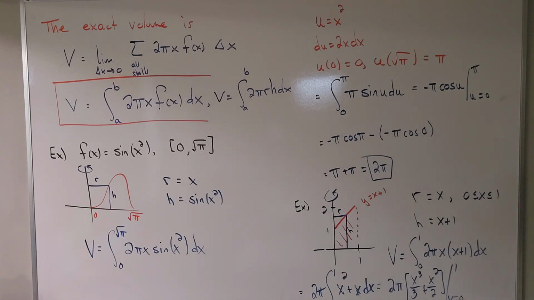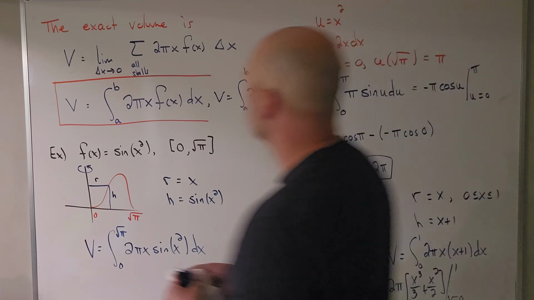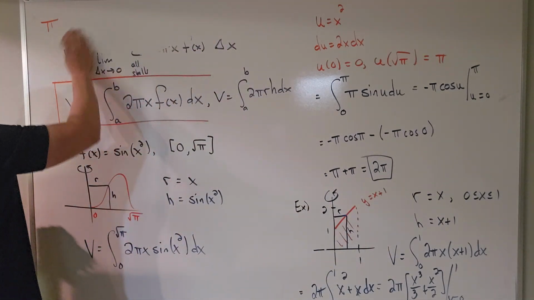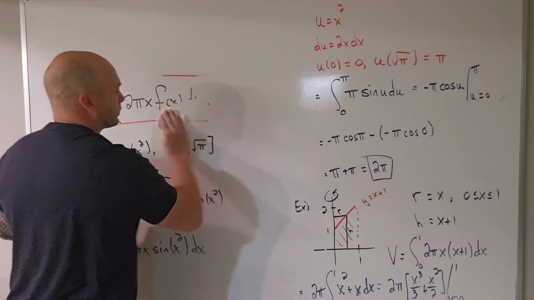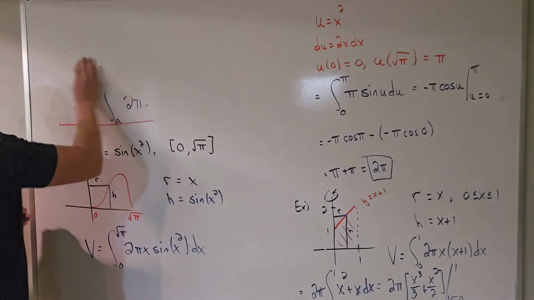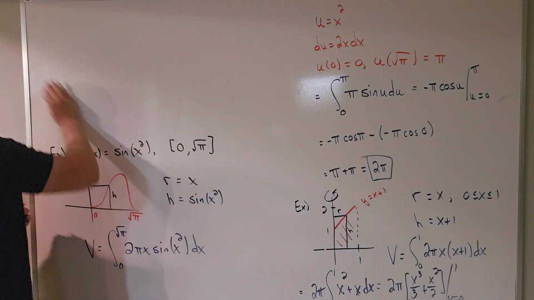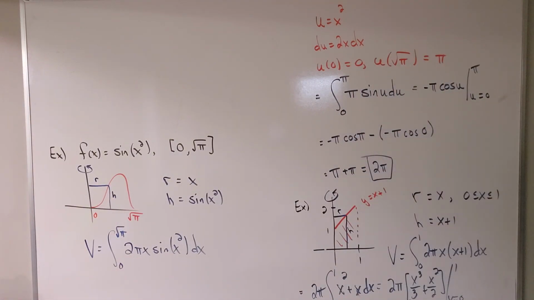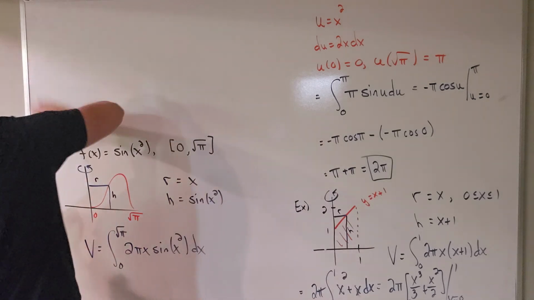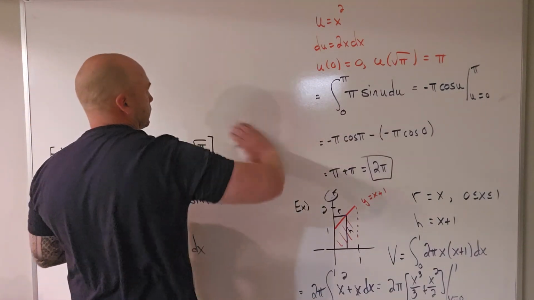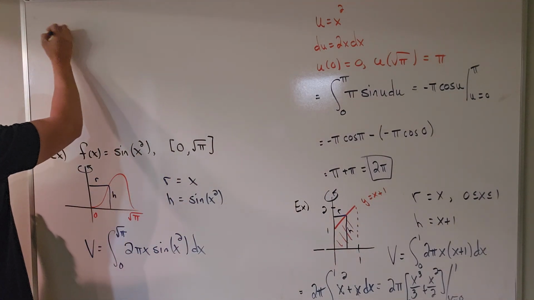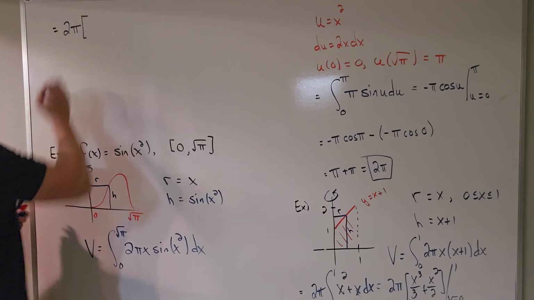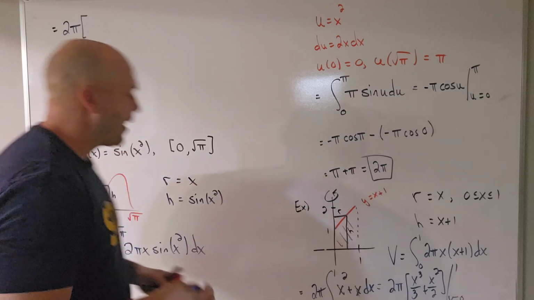And I need just a little bit more space to go ahead and work that out. Therefore, this would be equal to 2 pi times, if I plug in 1, I get a third plus a half.